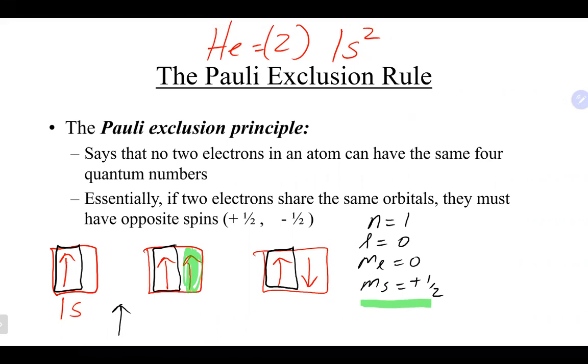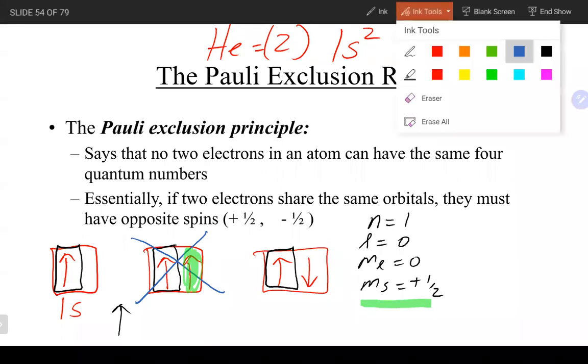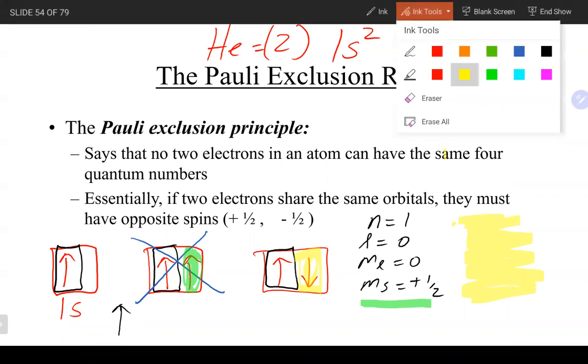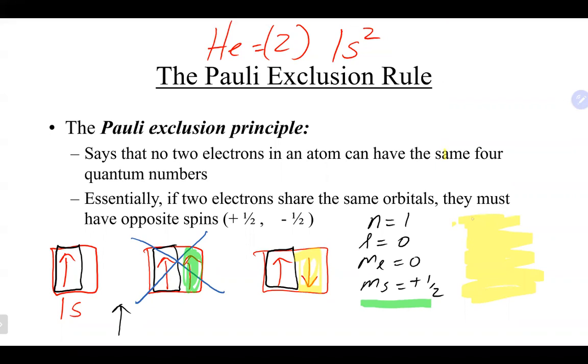Because they would end up with the same 4 quantum numbers, we cannot put our next electron pointing in the same direction. Now, is this one pointing downward really different? If we were to do this one's numbers, n is equal to 1, which looks the same.